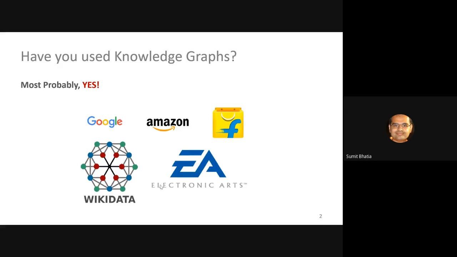So all the things that a character does in a video game are tracked using a knowledge graph. So I feel confident to say that all of you have used knowledge graphs in one way or the other. It's just that most of the time they were hidden behind the scenes. You did not know that you were actually benefiting from a knowledge graph.